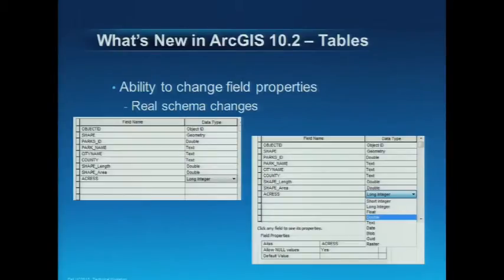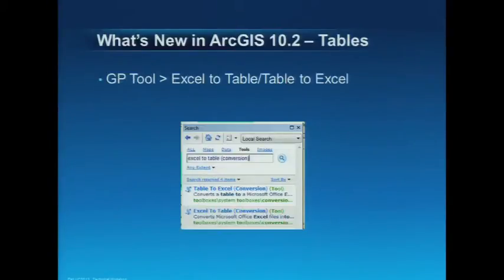You can change the data type, and you can change the length of the field as well. So you can edit your fields in this case. At 10.1, remember, you can rename the fields, and we will have that in the demo. What do we have in Excel tables?